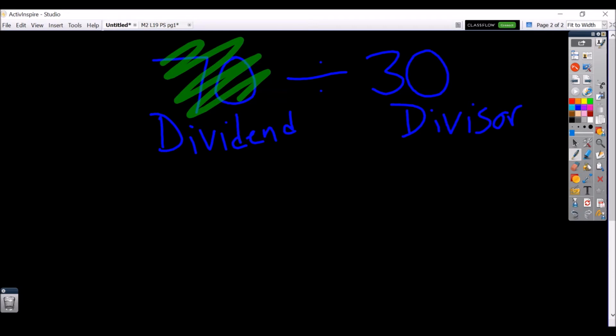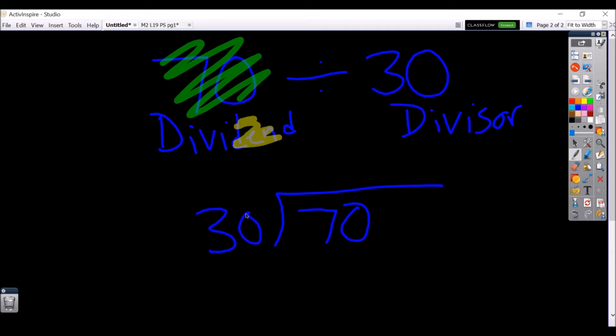When we set this up in long division, I had a teacher that once showed me that the dividend goes inside the den. So it goes inside the long division. If that helps you remember it, great. I can't remember if it helped me, but I definitely remember it. So if that helps you, great. But dividend, 70 inside, and the divisor, 30, on the outside.